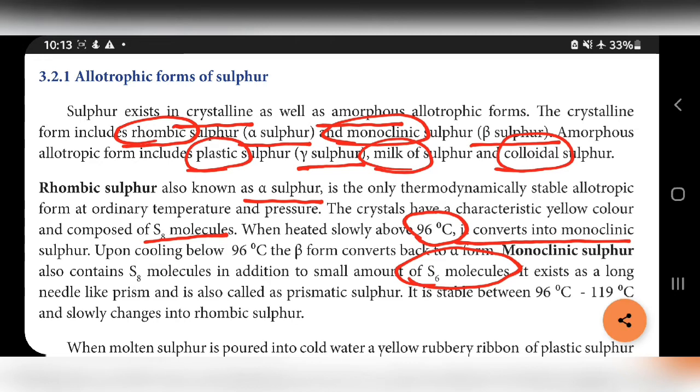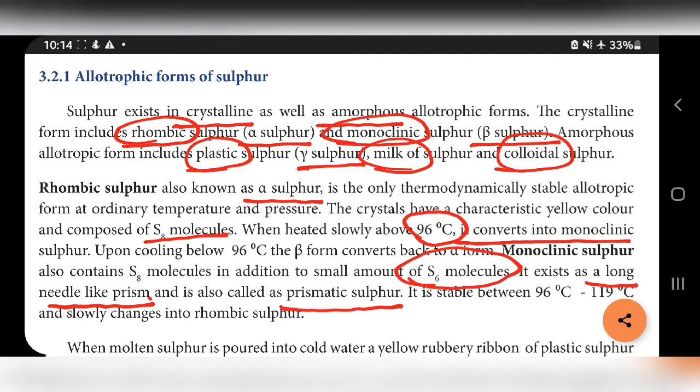It is also called prismatic sulfur, and it is stable between 96 degrees Celsius and 119 degrees Celsius, and slowly changes into rhombic sulfur.